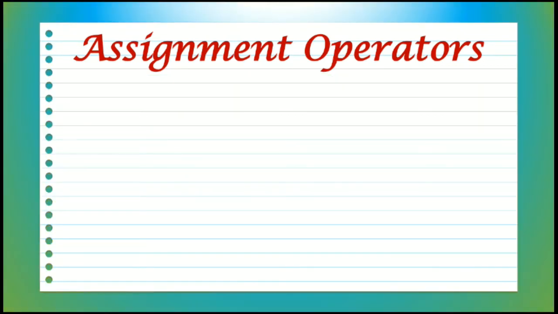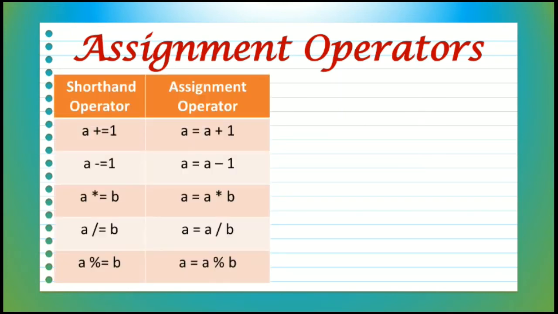Following are the commonly used shorthand assignment operators. So shorthand operator a += 1 is equal to a = a + 1. So both a += 1 as well as a = a + 1 work similarly. In both the cases, 1 is added to a and then the result will be stored in a.